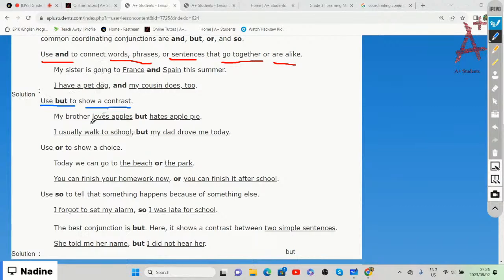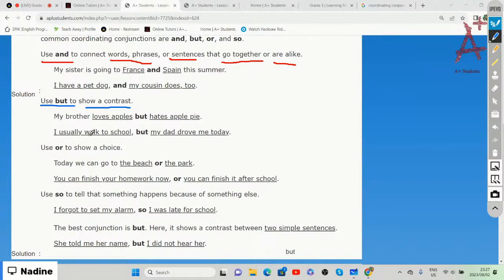Here it says, my brother loves apples but hates apple pie, right? So as much as he likes apples, he hates apple pie. So but is our coordinating conjunction that shows the contrast between loves apples and hates apple pie.